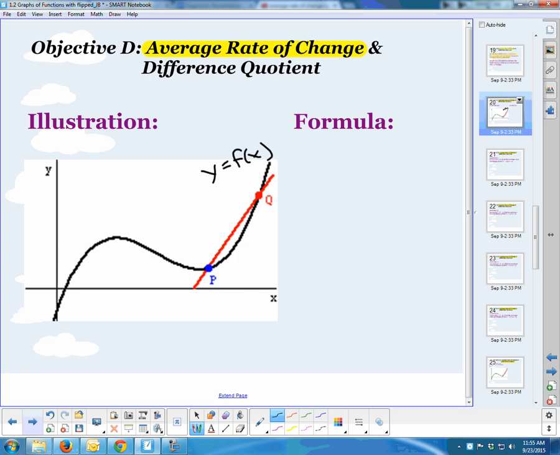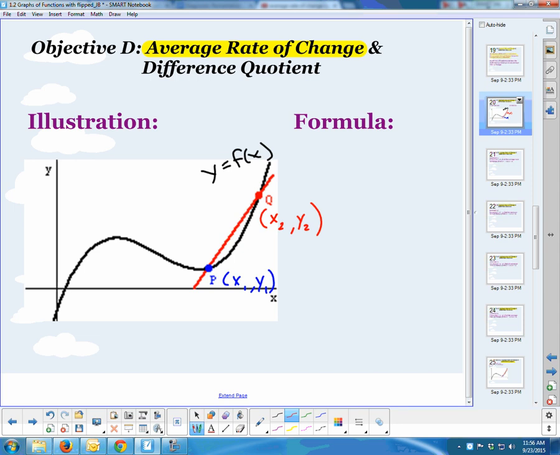And I have 2 points on that function, one point p, and we'll give it coordinates x sub 1 comma y sub 1, and a point q, and we will give it x coordinate x sub 2 and a y coordinate y sub 2. And we want to find the average rate of change between those 2 points.